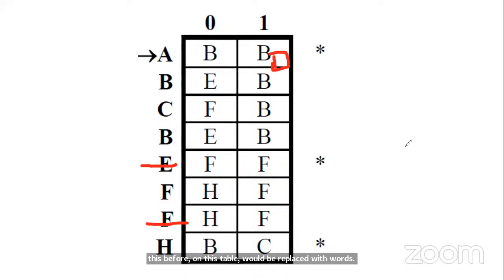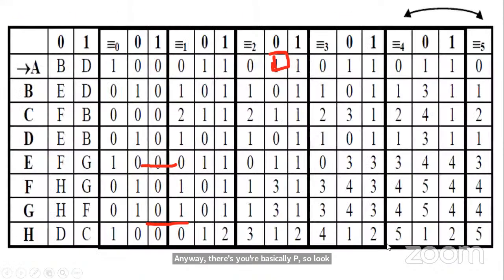So let's go back to the initial diagram. Now you see here, this will be replaced with B. Here will be replaced with B. Is there any other D? Here will be replaced with B. Now the other one that was removed is G. You look around again. Is there anywhere there's G?